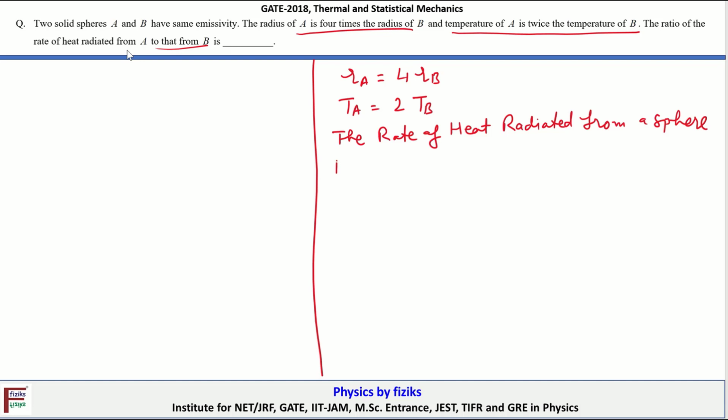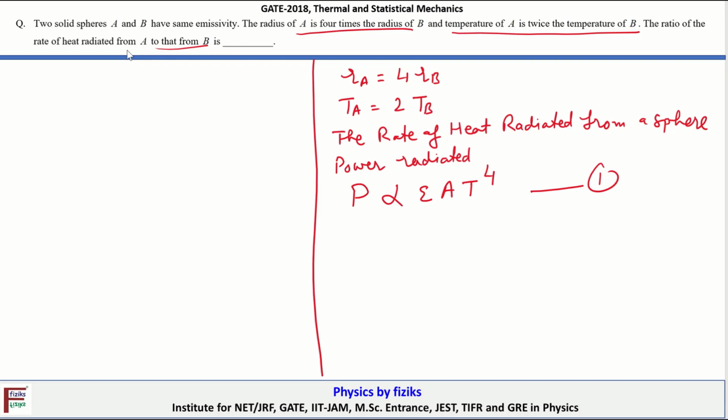So basically it's the power radiated by a sphere which is at a certain temperature T. That is given by power proportional to the emissivity of that sphere, its surface area, and T power 4. Let's call this equation 1.